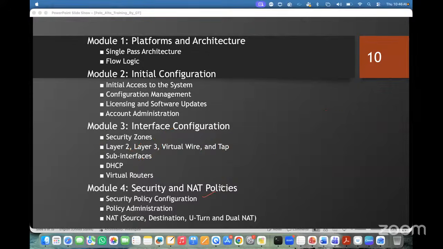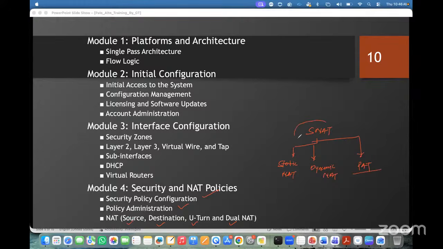Then we'll discuss security policy. We'll discuss policy administration. What should the right policy sequence look like? How can we define NAT? There are four types of NAT: source NAT, destination NAT, user NAT, and dual NAT. So we have to understand all use cases. Even for source NAT, we have three flavors: static NAT, dynamic NAT, and also PAT, port address translation.